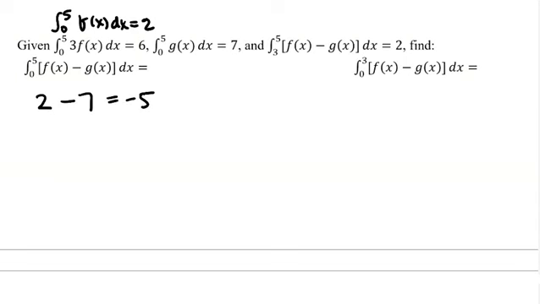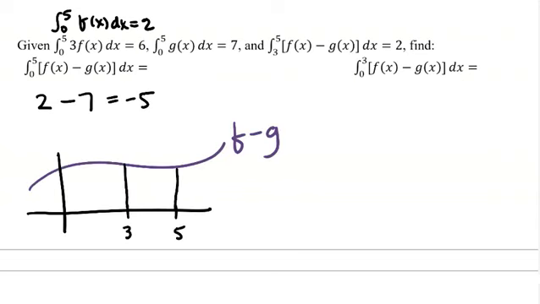Over here, 0 to 3, though, that's going to be a little more interesting. I think I need to draw a picture here. All right, I've decided I'm going to use the information I've already solved for and what we were given. It told me that the area from 3 to 5 under f minus g is 2. I determined that the area under f minus g from 0 to 5 was a total of negative 5.